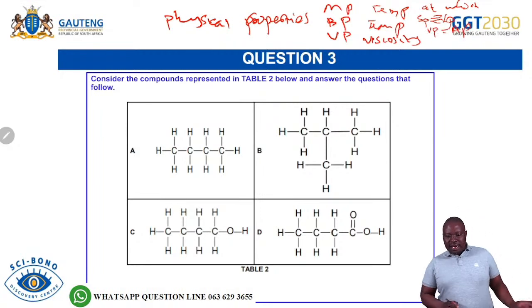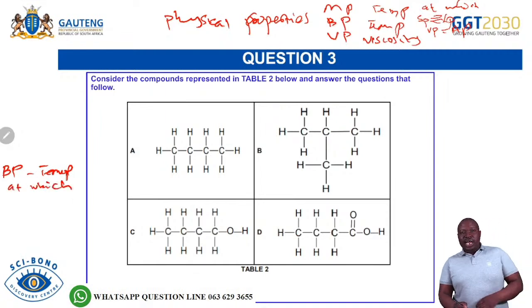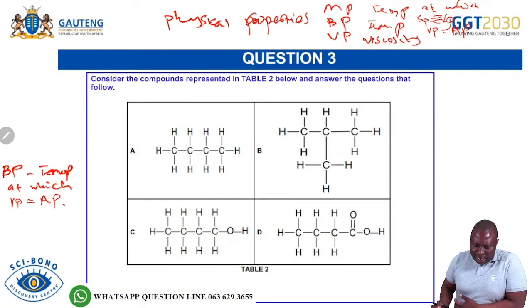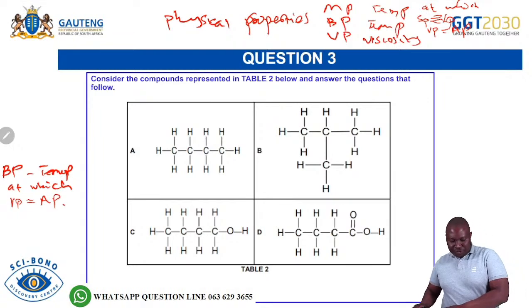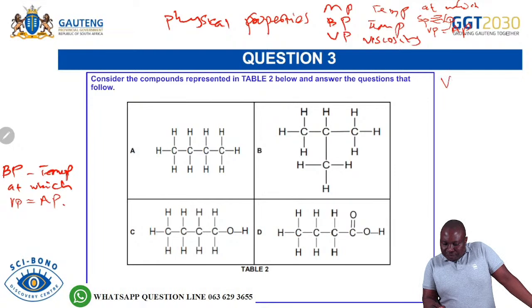Look at how short these definitions are. So these are marks for you to collect. The only thing I will ask, I will say write it in full. Don't write the equal sign, rather write boiling point is a temperature at which the vapor pressure is equal to the atmospheric pressure. And then you have the vapor pressure as your other definition.